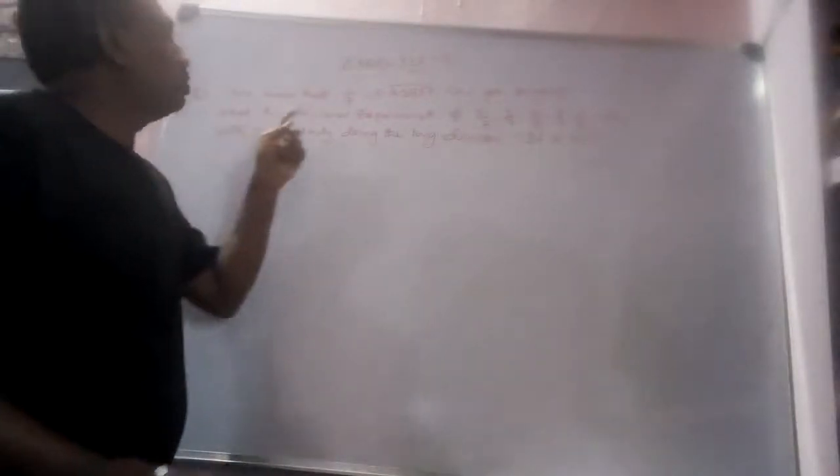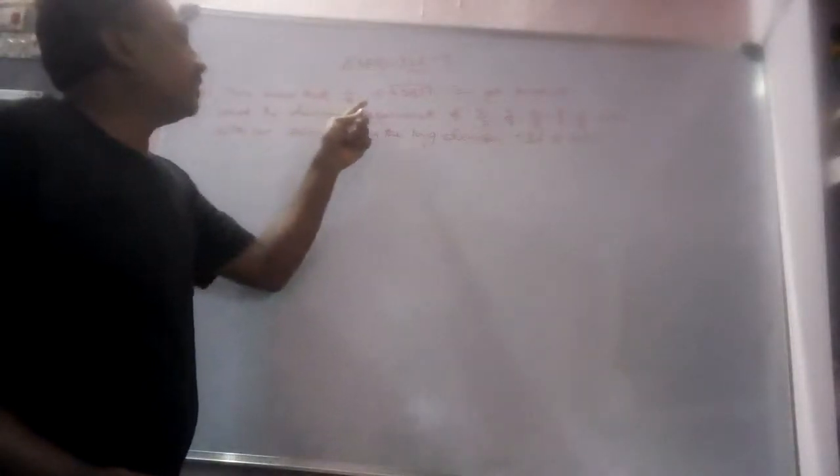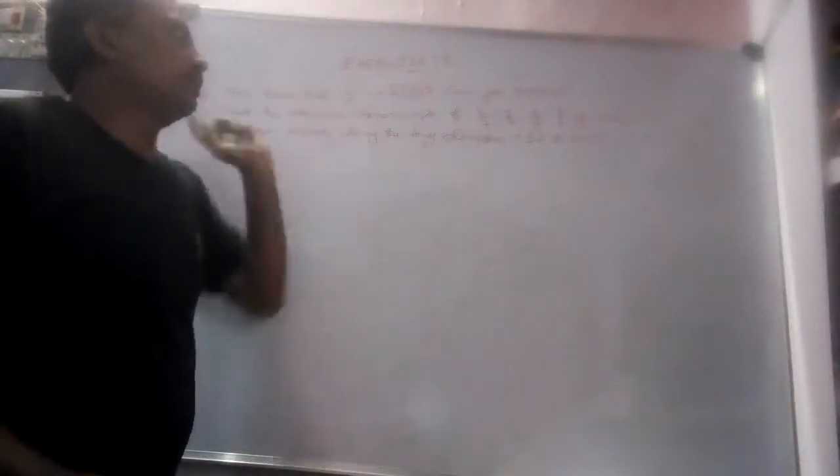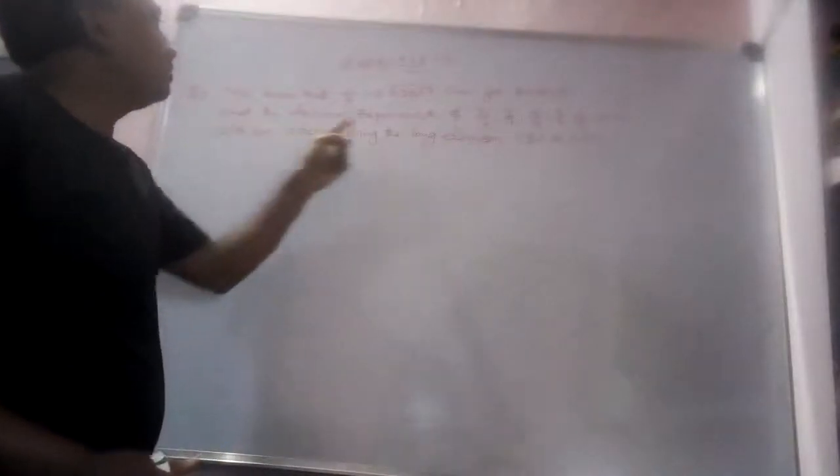Now the second problem: you know that 1 by 7 equals 0.142857 bar. Can you predict the decimal expansions of 2 by 7, 3 by 7, 4 by 7, 5 by 7 and 6 by 7 without actually doing the long division?